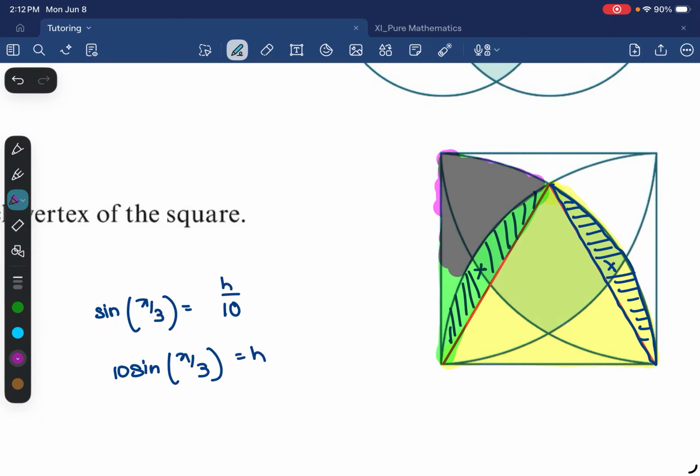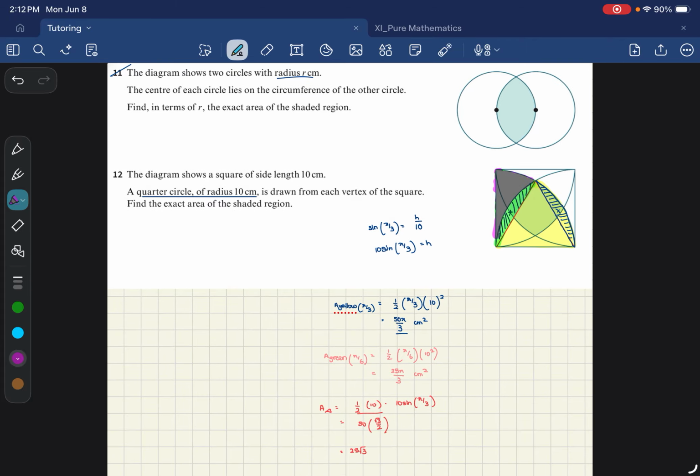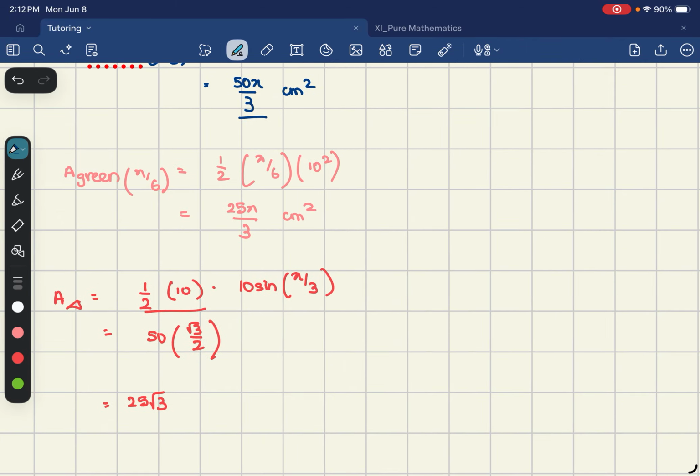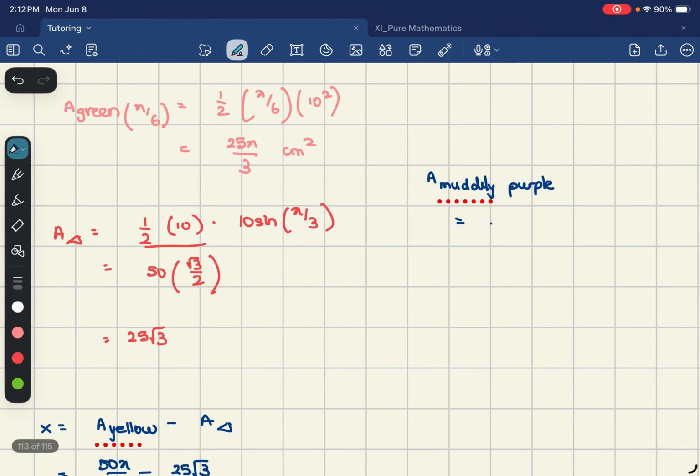This part in muddy purple is going to be the area of the green sector minus X.